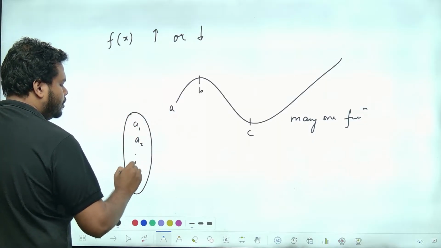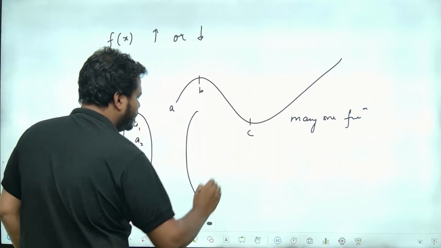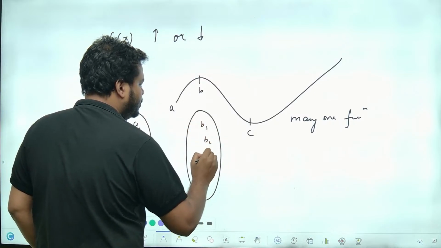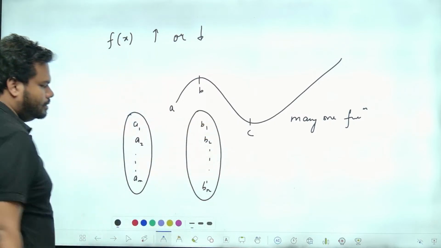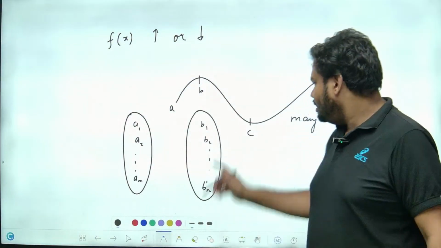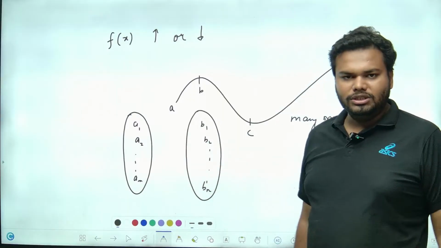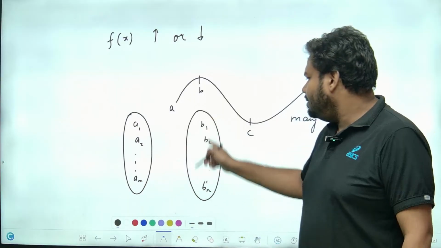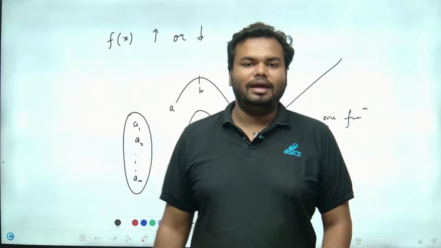Here we have a1, a2 up to am. Here we have b1, b2 up to bn. All right, so a1 will have n choices, a2 will have n minus 1 choices, and am will have, tell me, n minus m plus 1 choices.